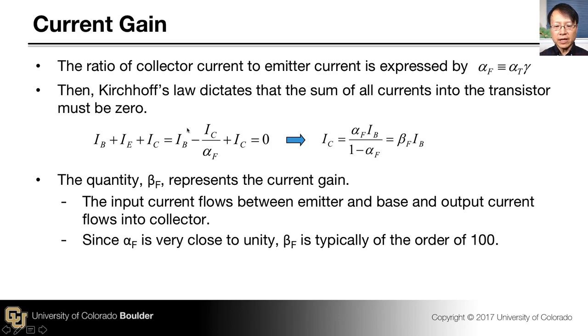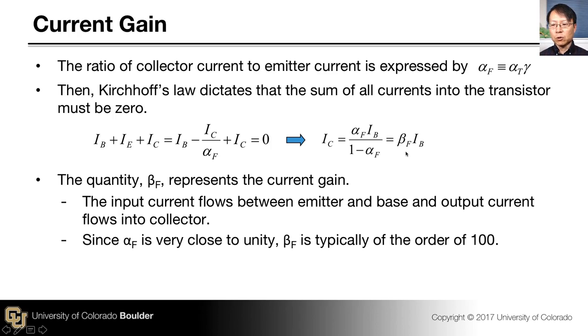So including that, as shown in this equation, we get a new equation that relates the collector current to the base current. And the proportionality constant that relates these two current components is related to alpha sub f, and we define this new parameter, alpha sub f divided by 1 minus alpha sub f, as beta sub f.